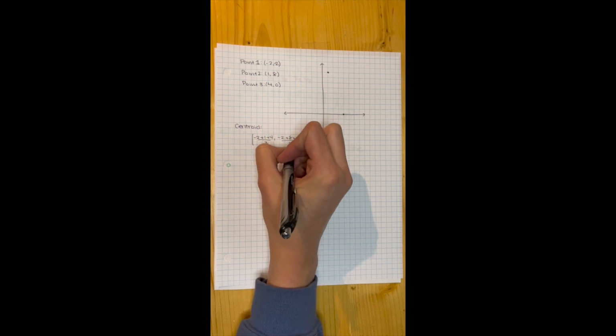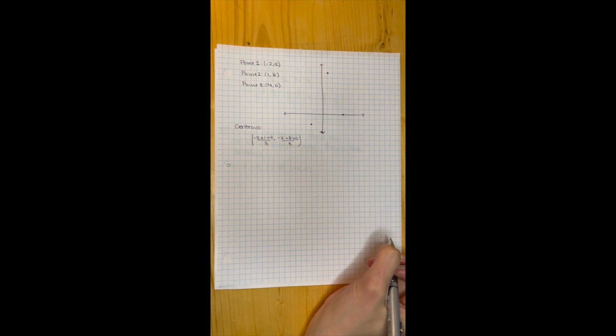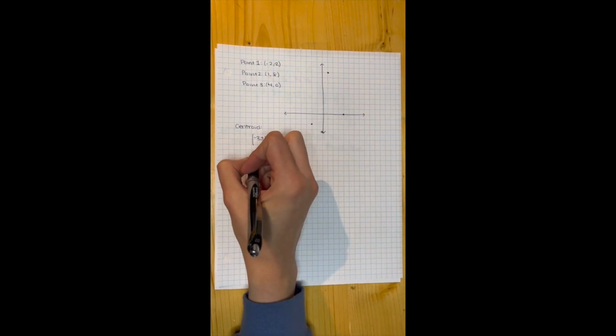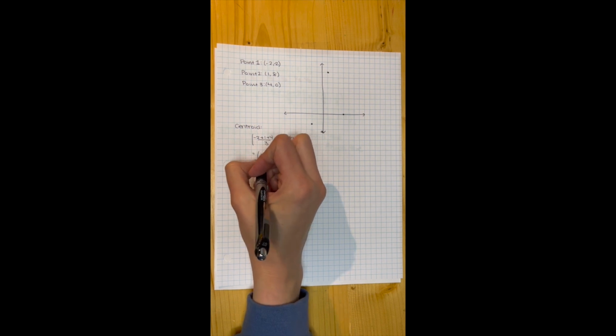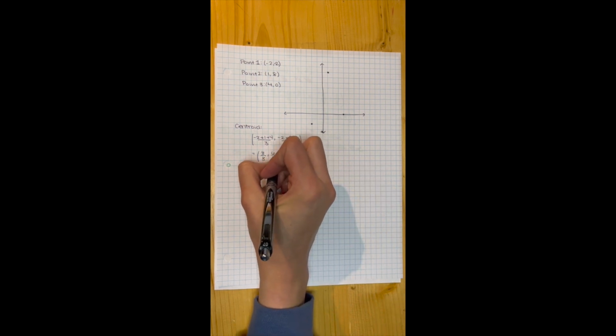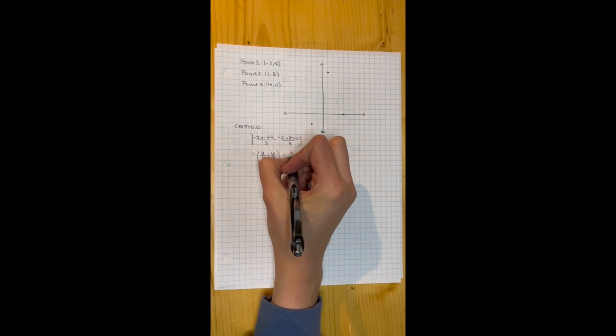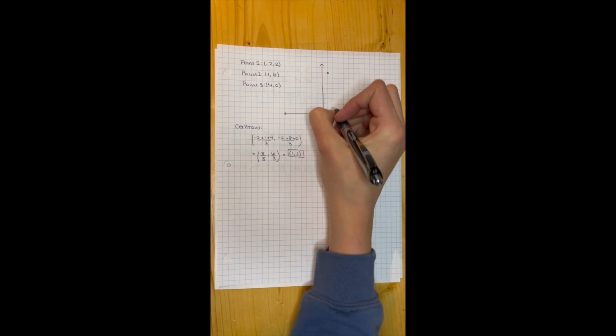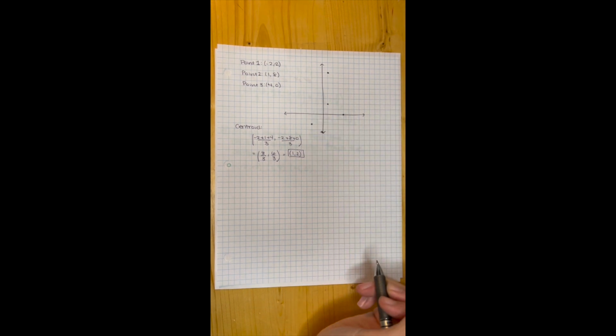Once I do that, I'm left with the fractions 3/3, 6/3, which so nicely reduces to the ordered pair 1, 2.